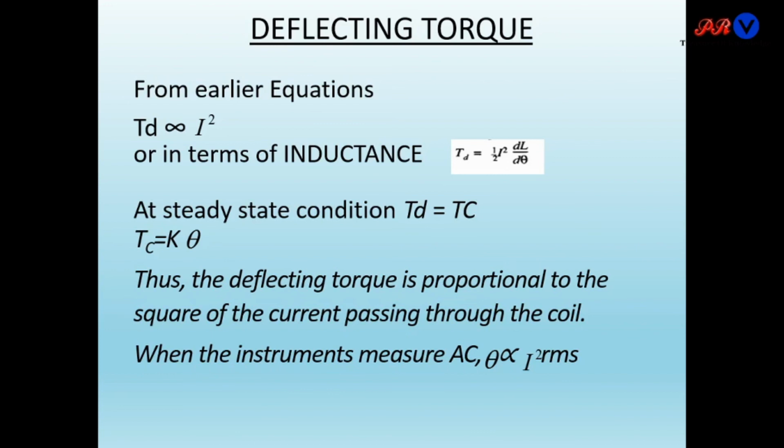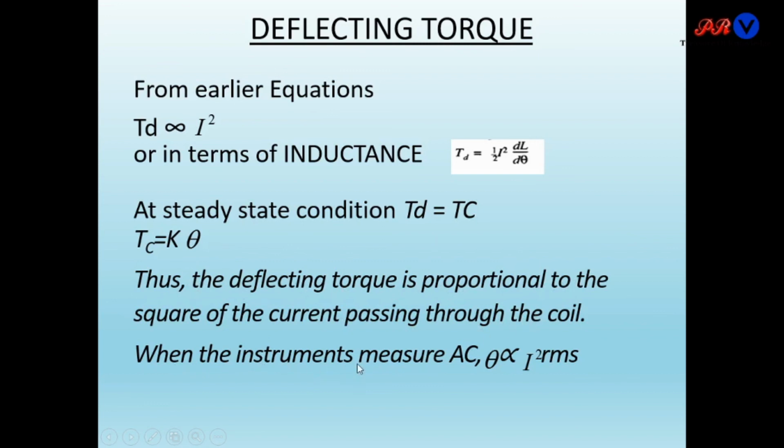We will use this expression for the electrodynamometer type instrument. At steady state condition, these two torques are equal, deflecting torque as well as controlling torque, but controlling torque is always given by k theta. Thus the deflecting torque is proportional to the square of the current passing through the coil.